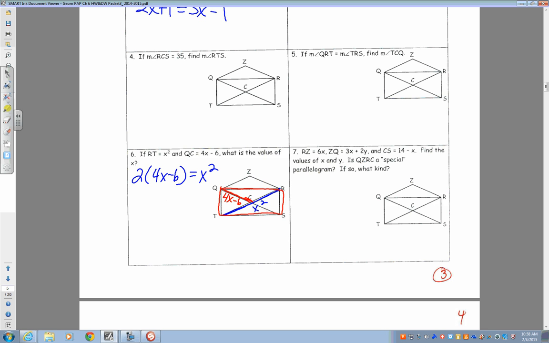But it's a quadratic, so in order to solve it, we're going to have to do what? Factor. We have to get it equal to 0. So we're going to FOIL. All right, so basically we need to move these over, minus the 8x plus the 12. Get it in standard form. So x squared minus 8x plus 12, and now we're factoring.